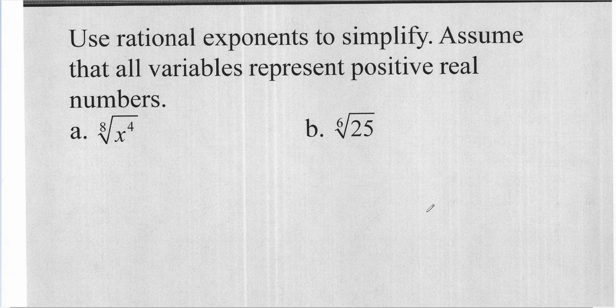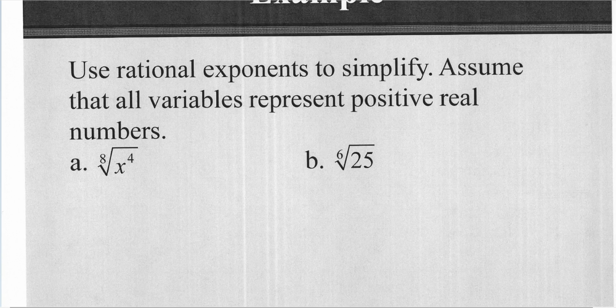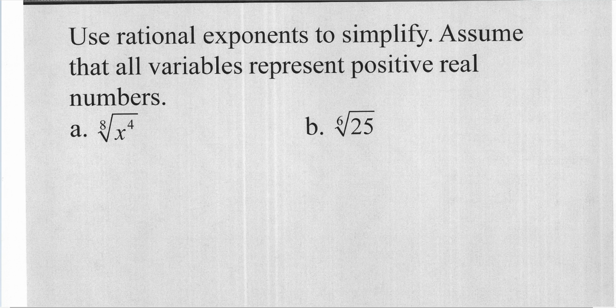All right, here we are with some more examples. Use rational exponents to simplify, and then assume all variables represent positive real numbers. So I want to use rational exponents to help me simplify it, then turn it back into a radical expression. So here, how would I change this?